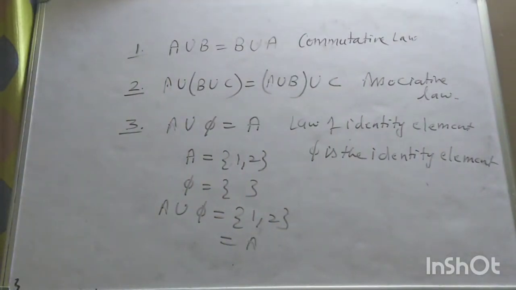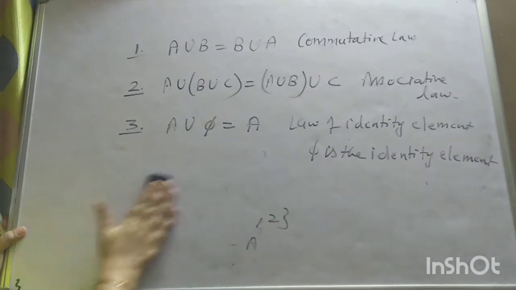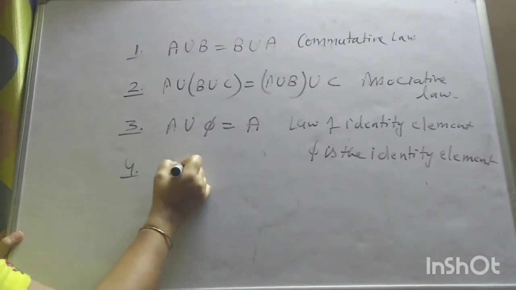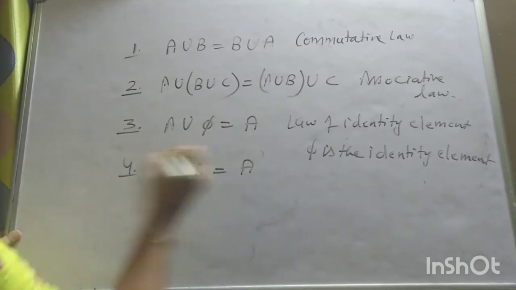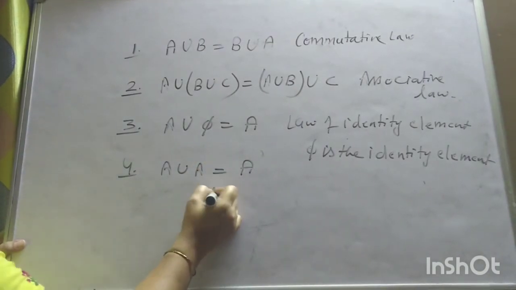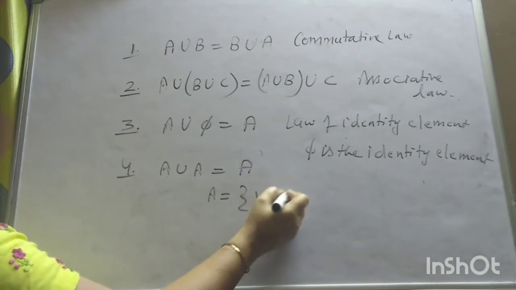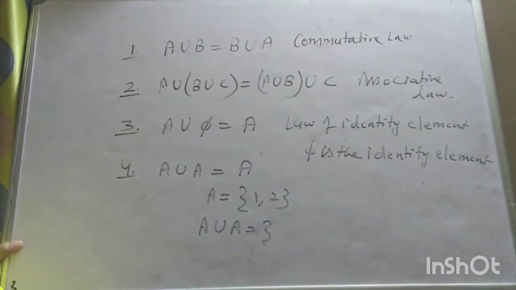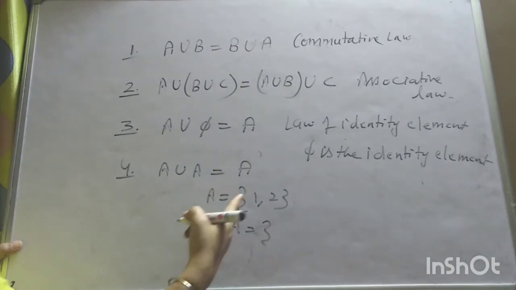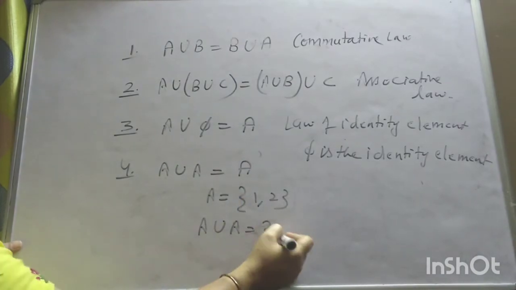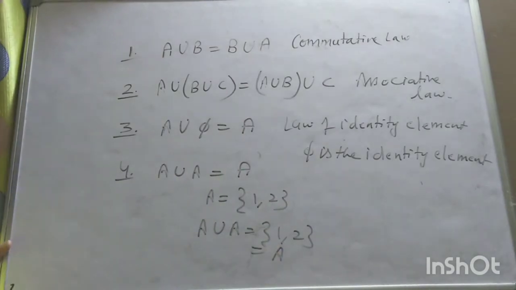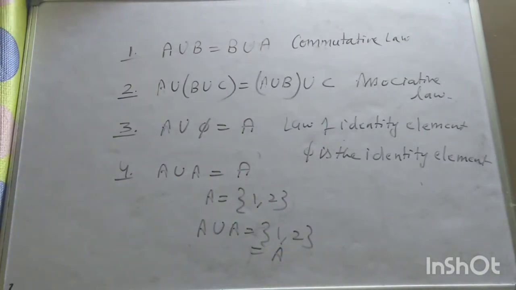Now next law is A union A is equal to A. If set A is 1, 2, then A union A means we have to write the elements of A, and again A, it means 1, 2. So it is equal to A, and this is called idempotent law.